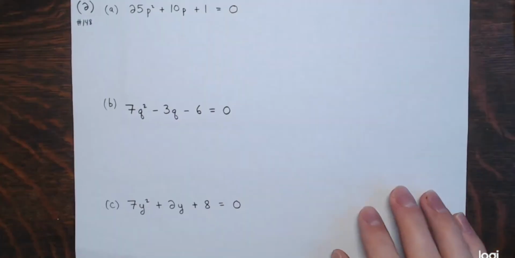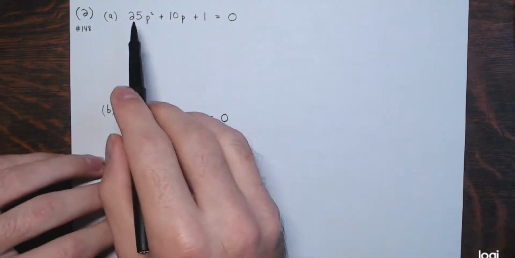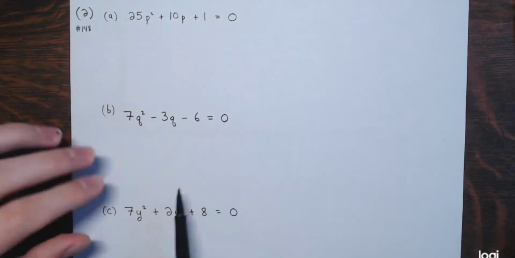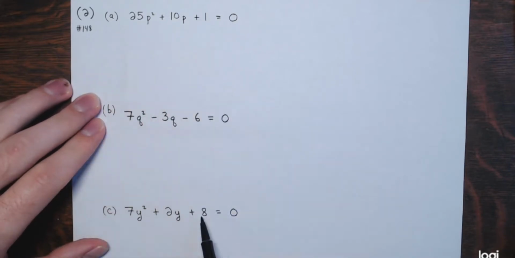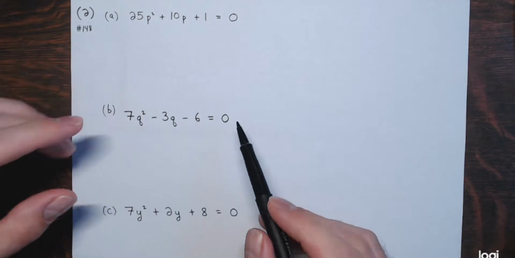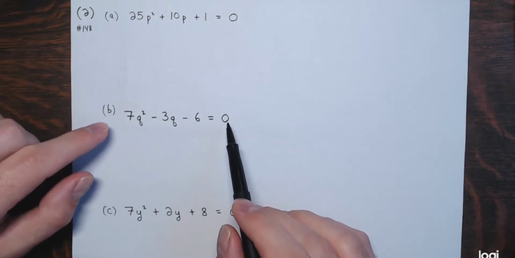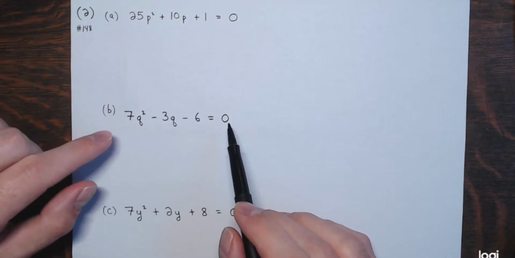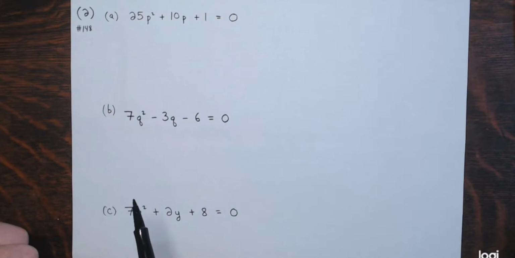And the nice thing is, for these exercises, the equation is already written in the way I want it: quadratic term plus linear term plus constant term equals 0. Just please know that if it's not in this form, you have to get it in this form in order to talk about the discriminant and the quadratic formula and any of that stuff. Right? Please understand that.